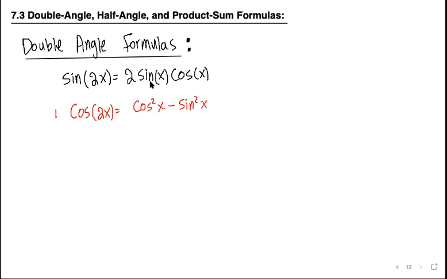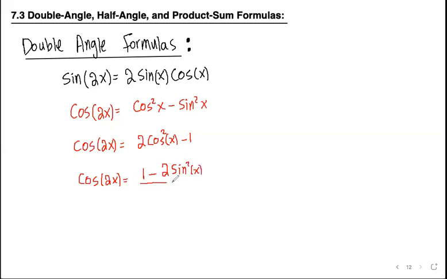And also cosine of 2x has a different formula: 2 cosine square of x minus 1. And the last one is cosine of 2x equals 1 minus 2 sine square of x.